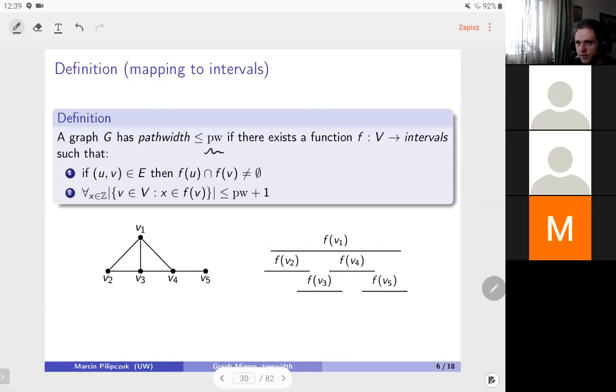So for every vertex I draw an interval f of the vertex on the line, such that if there's an edge between two vertices, the intervals overlap. And the measure of the quality of this decomposition is how many intervals overlap at one place.